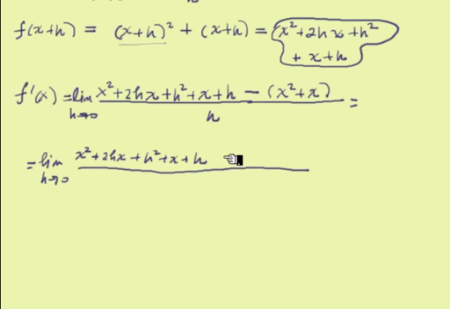Now we're opening parentheses, so we have a minus x squared minus x over h. All right, we have a little bit of canceling here, the x squared and the minus x squared, and we have the x and the minus x. Okay, so that's rewriting the limit as h goes to 0.